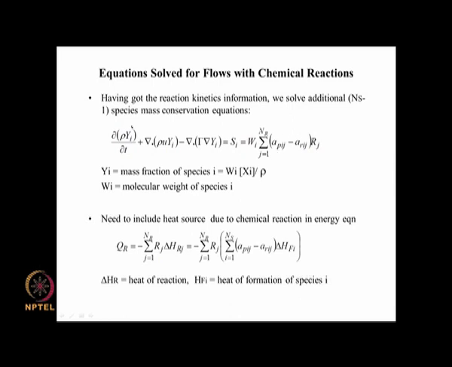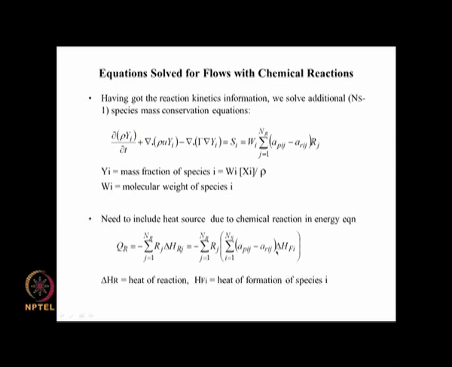So, all these things will give us the overall species conservation equation. The momentum conservation equations do not change except for the properties, which are now functions of the concentration of the species. And then the source term in the energy balance equation is given in terms of the rates of the reaction, the heat of the reaction and the stoichiometric coefficients.